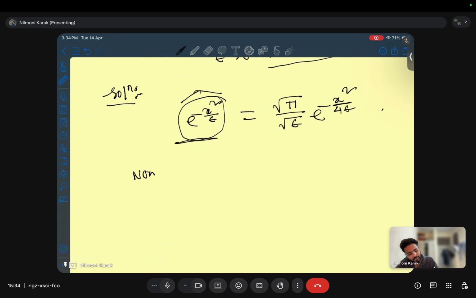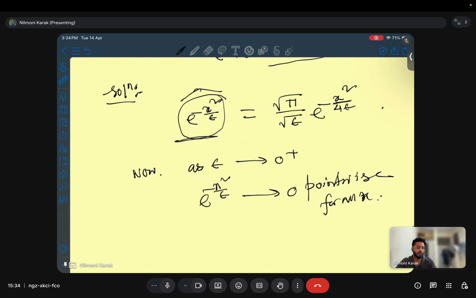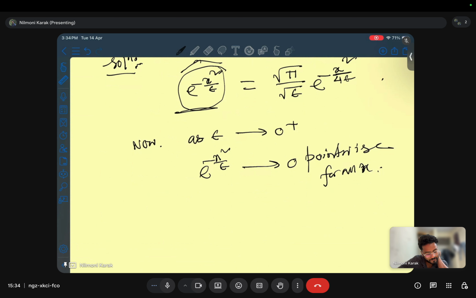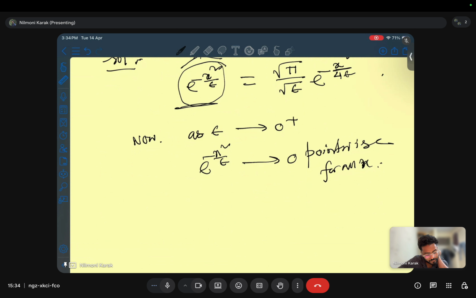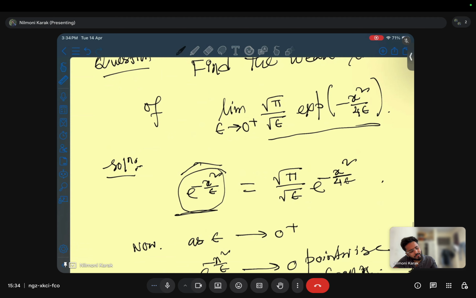So now, as epsilon tends to 0 plus, this minus x square by epsilon goes to 0 pointwise for all x. Nice. And also, first of all, this is a tempered distribution.